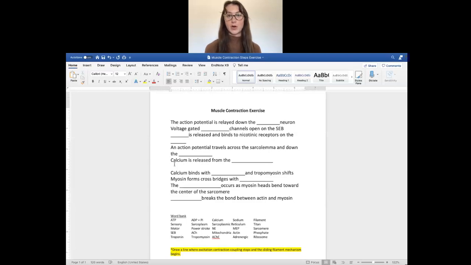So we know the last part of the electrical part of excitation-contraction coupling is going to be calcium release from the sarcoplasmic reticulum, because an action potential was propagated down those T tubules to allow calcium to be released from the sarcoplasmic reticulum. So that's going to be the end of electrical.